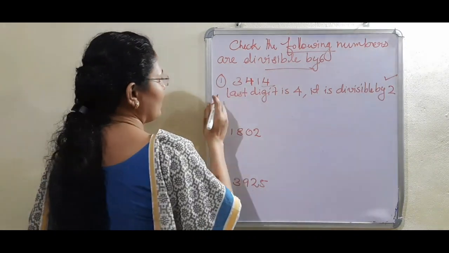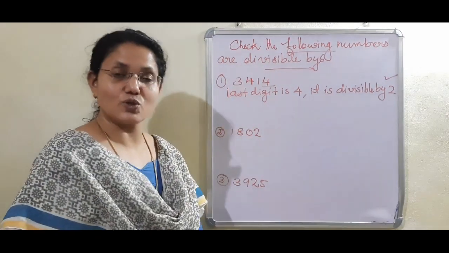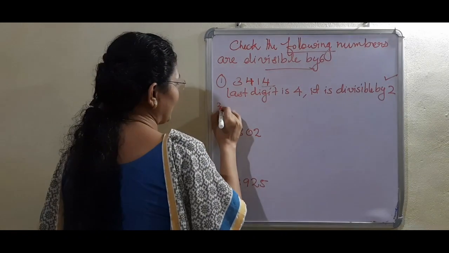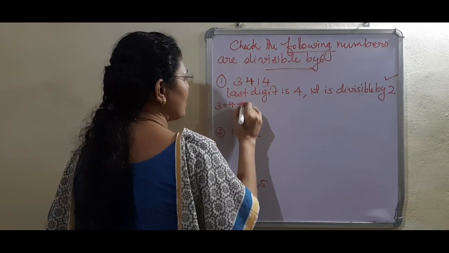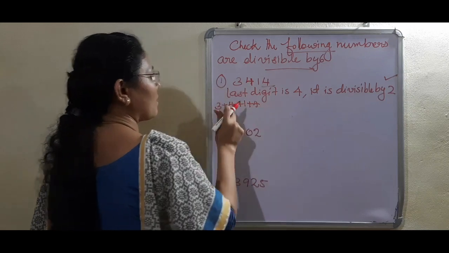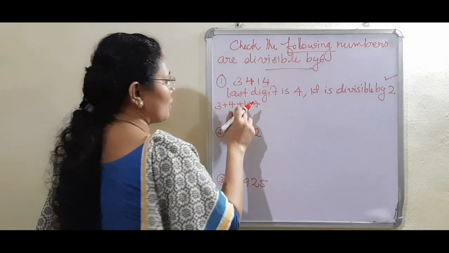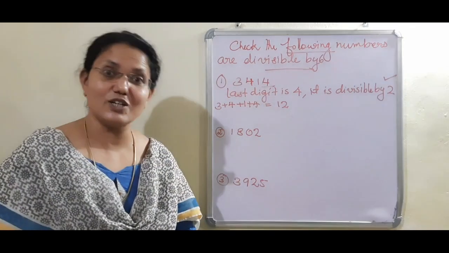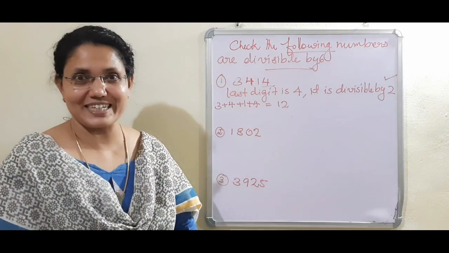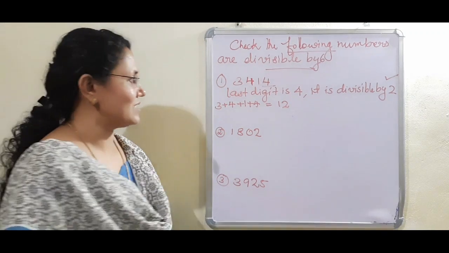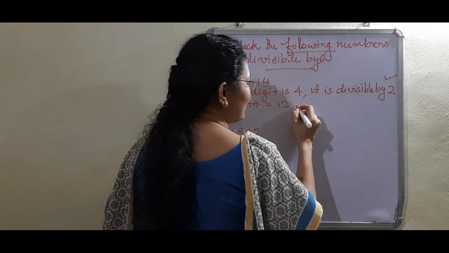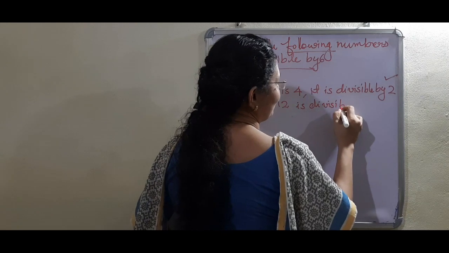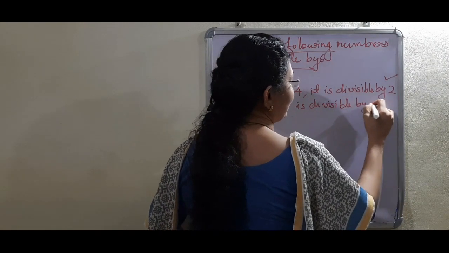Next, we find the sum of the digits to check whether it is divisible by 3 or not. We find the sum: 3 plus 4 plus 1 plus 4. 3 plus 4, 7. 7 plus 1, 8. 8 plus 4, 12. Is 12 divisible by 3? Yes. In the multiplication table of 3, 12 is there. Therefore, 12 is divisible by 3.